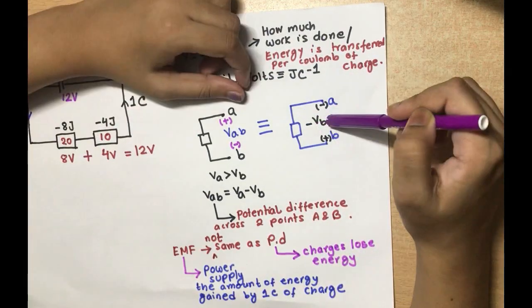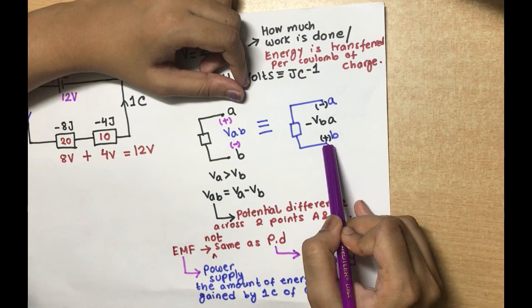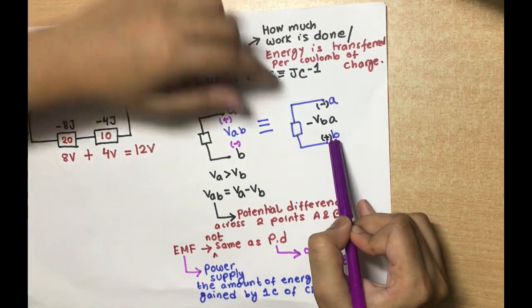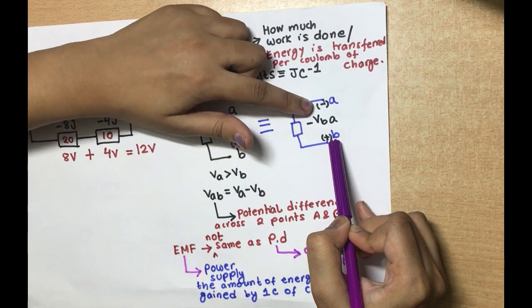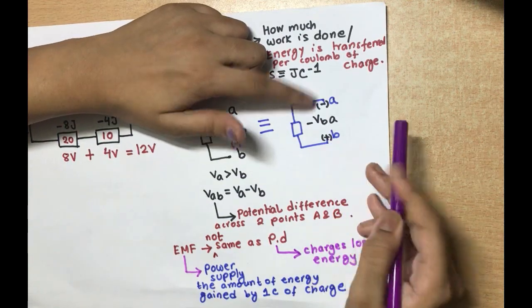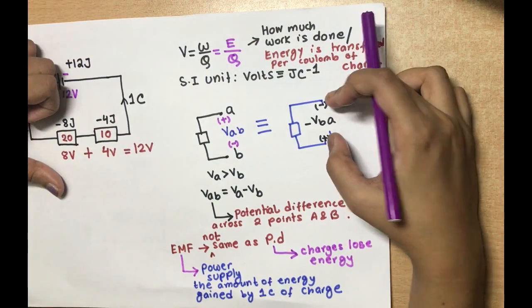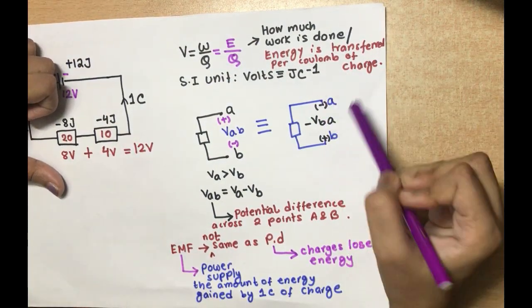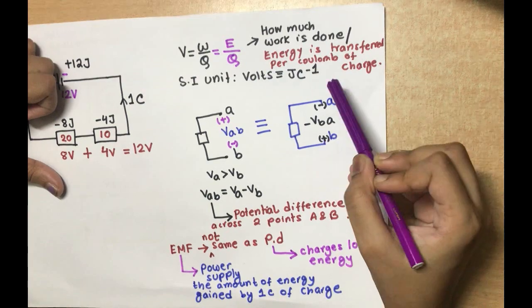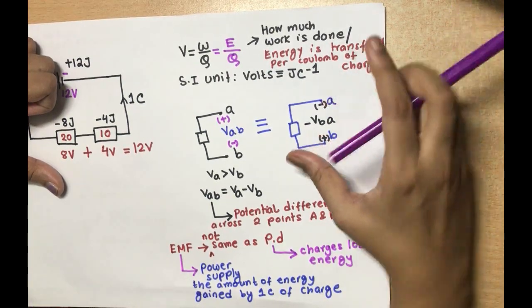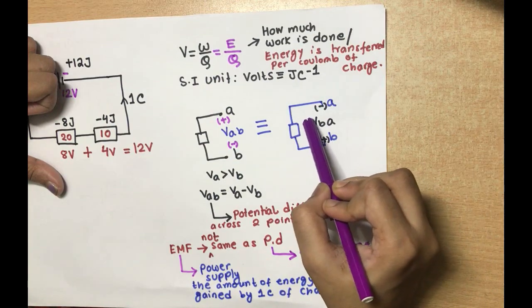Now, if we consider this one, we can see that the potential of point B is higher and the potential of point A is lower. So in this case, when we connect a voltmeter across these 2 points, and if we connect the positive terminal here and the negative terminal of the voltmeter there, we will see that the value of the voltage is negative.